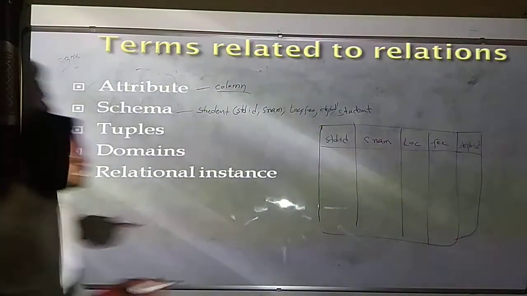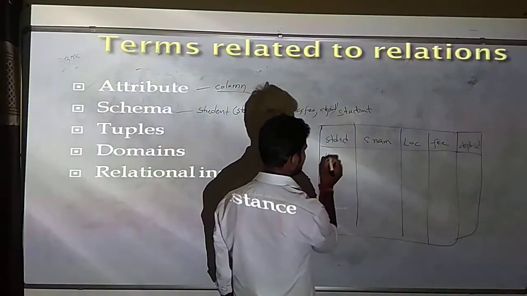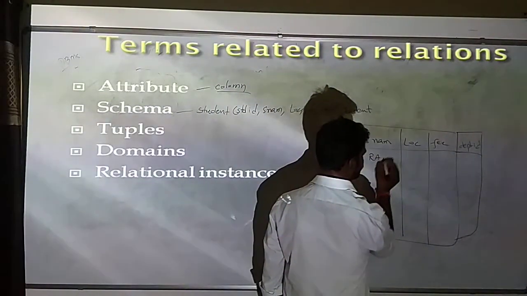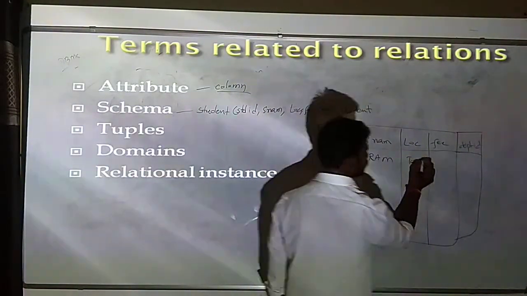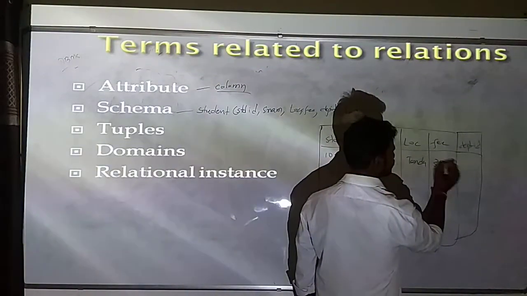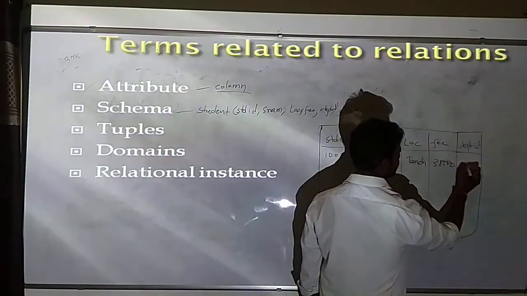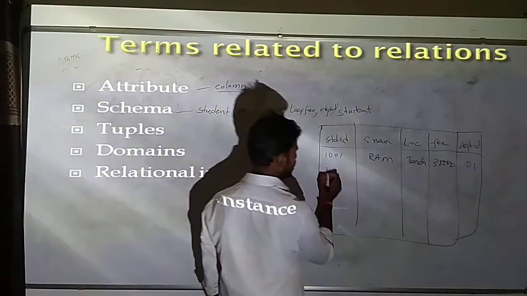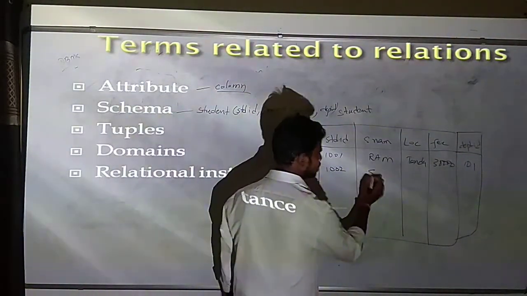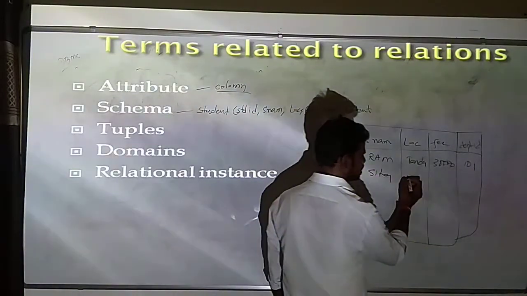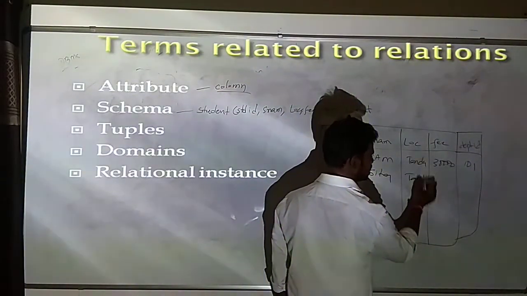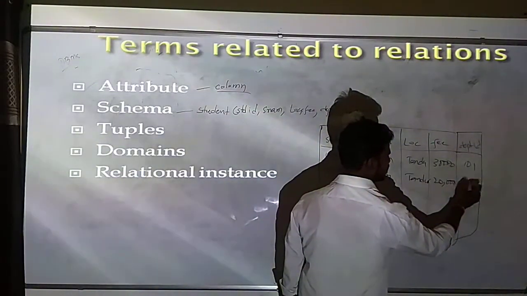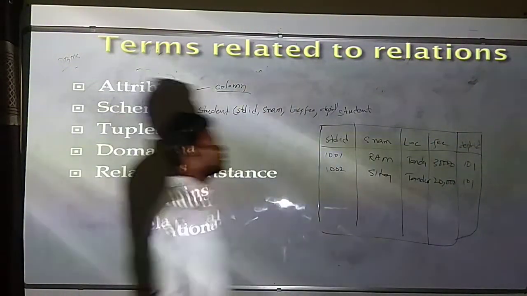When I enter data into these tables, consider that 1001 is my student ID, Ram is his name, location is Tandu, fees is 30,000, and department ID is 101. I will have similar information for a second student, with his name, location, and fees, and his department ID is also 101.